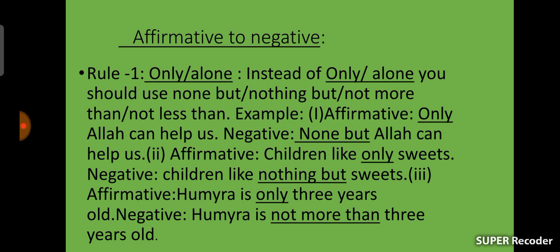Dear students, you can see the underlined word is only, and we use here none but instead of only. Only Allah can help us. Negative would be: None but Allah can help us. Dear students, you should carefully remember that you should change only one word, only, instead of none but, if the only indicates the person.